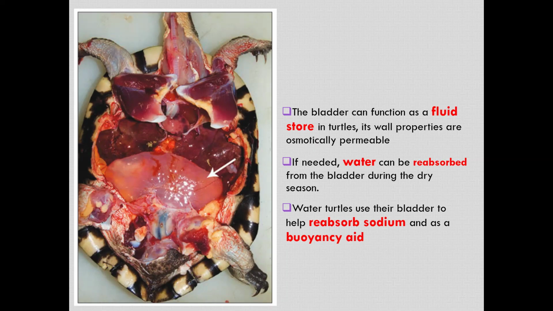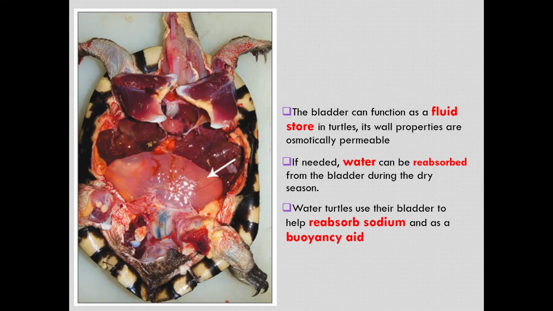It's a little bit different if we see the structure if we compare it with mammals. If we compare the gallbladder in mammals, it's like rubber, I think. But if we compare with gallbladder in the turtle, it's just like a plastic, but more dense.